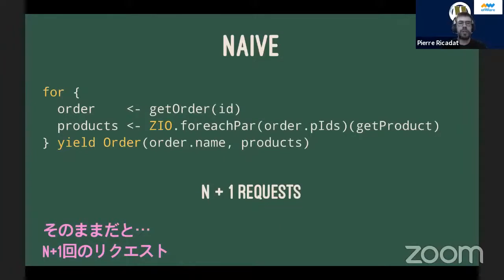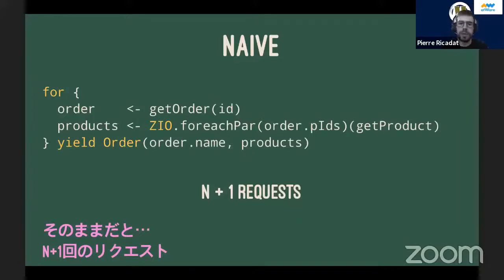So first you call getOrder to get your order information. And then in your order, you have a list of product IDs. And then for each product ID, you call getProduct to get the name of the product, right? So here I use ZIO, by the way, but I could use Future.traverse.